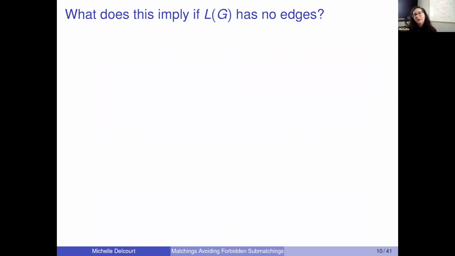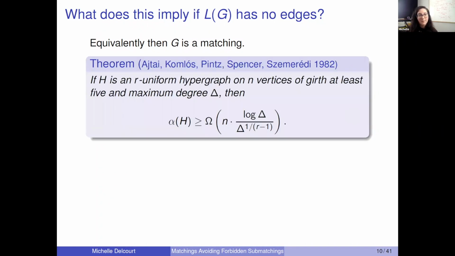What if, alternatively, the line graph of G has no edges? Well, this also is very, very interesting. When G is a matching, the line graph is encoding incidences, and if there are no incidences recorded, then our graph itself is a matching. In this context, we can think about uniform hypergraphs on n vertices with girth at least 5 and maximum degree delta, and people study the size of independent sets in this context.